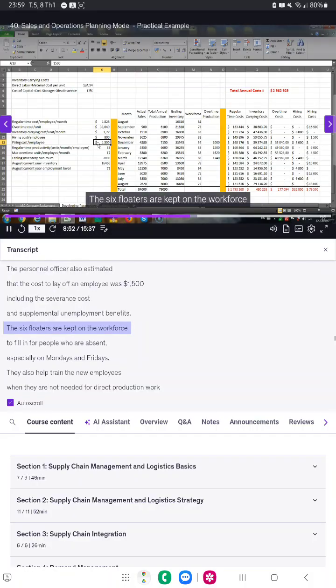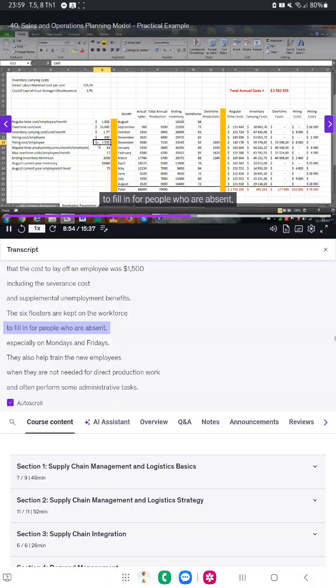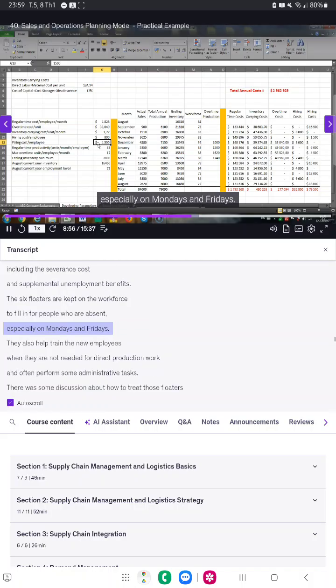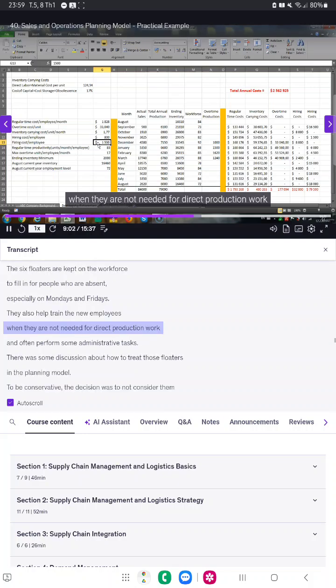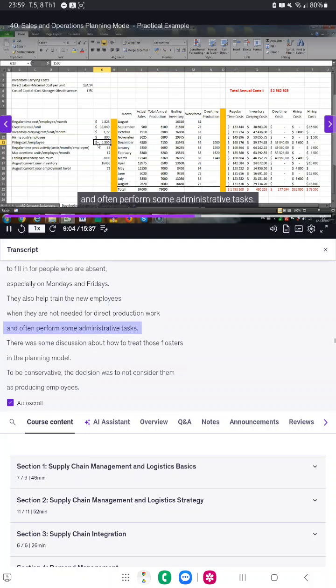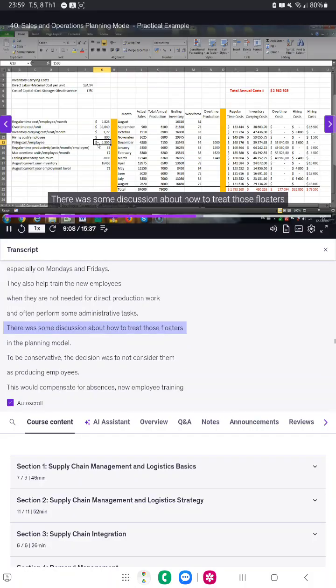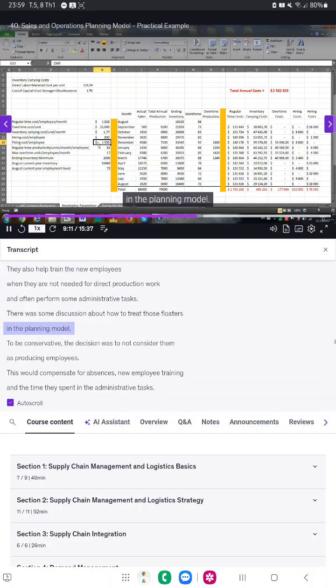The 6 floaters are kept on the workforce to fill in for people who are absent, especially on Mondays and Fridays. They also help train the new employees when they are not needed for direct production work and often perform some administrative tasks. There was some discussion about how to treat those floaters in the planning model.